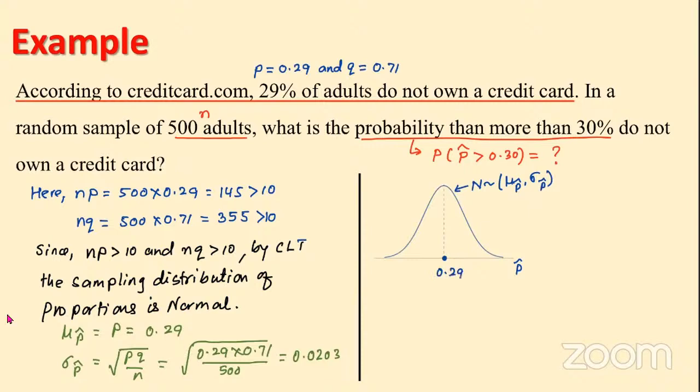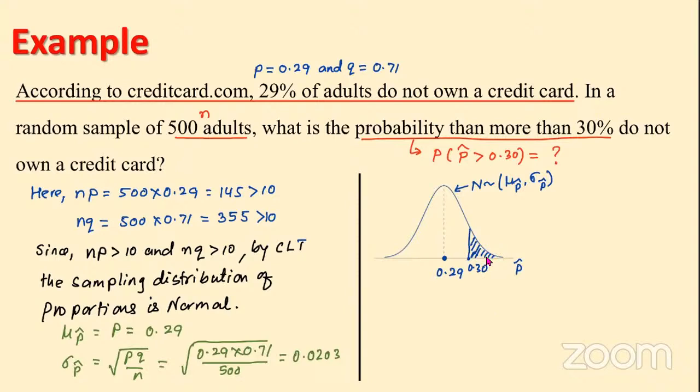Now we have to find the probability that more than 30% do not own a credit card. So 0.30 will be on this side, because here you have 0.29. We can label that 0.30, and we want the probability that it's greater than that, so this probability is equal to the area shown here.